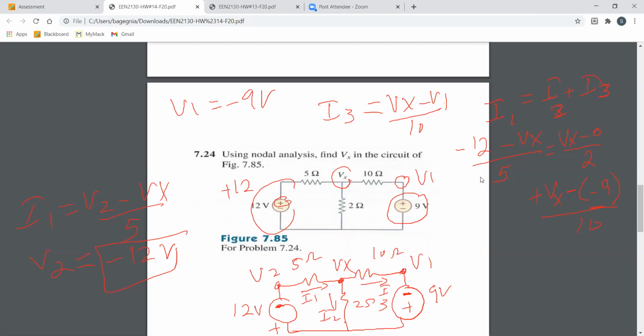Okay, so you need to multiply everything by 10, so pay attention to the minus sign here and the minus sign here.